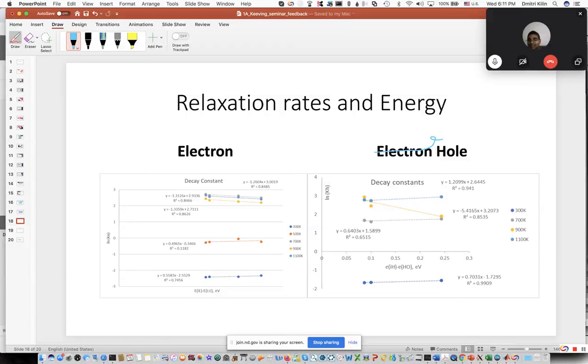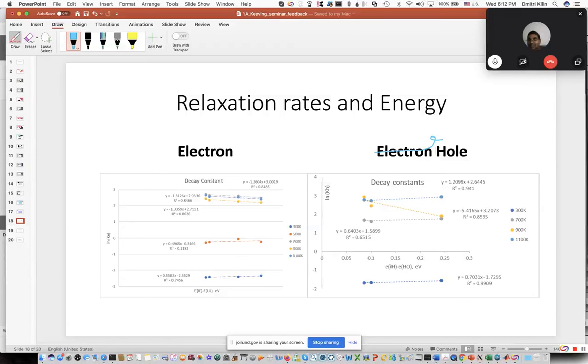Okay, next here we're seeing how my relaxation rates are changing with energy. So we see for the electron relaxation rates the band gap law, which states that relaxation rates have an exponential relationship with energy.